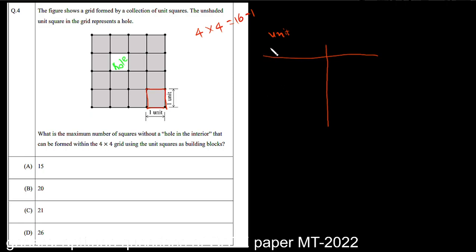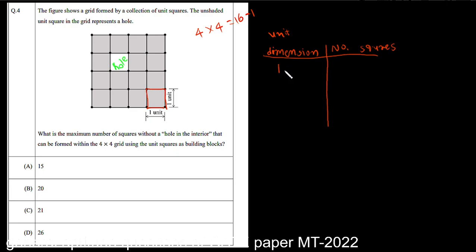So this represents our dimension, and this second column is representing the number of squares.